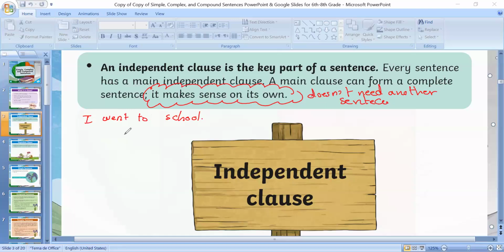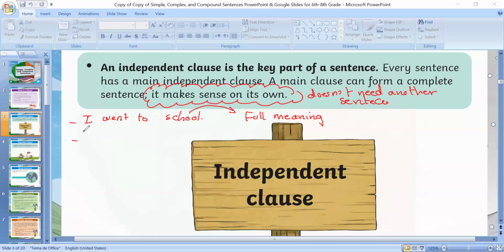Yes, this is a complete sentence. Does this sentence need another part to understand its meaning? No. I went to school. This is full meaning. Mute your mic.